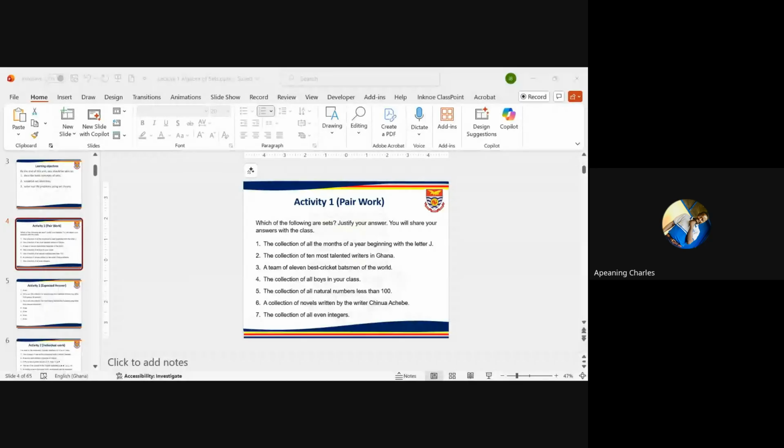So I think it is not a set. Okay. Hello, Doc. Yes. Please, number 2 is not a set because the set is not well defined. I mean, the criteria for selecting 10 most talented writers is not given.